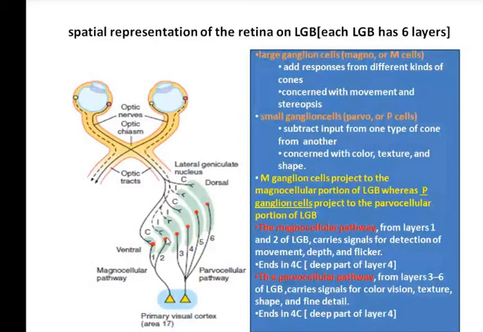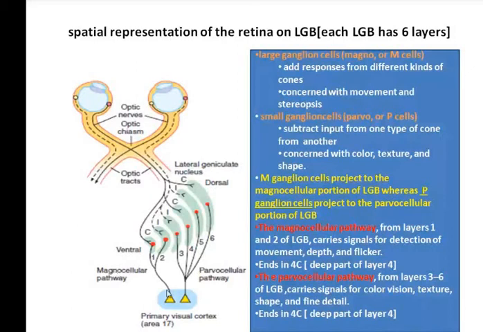If you look here, this is the magnocellular pathway, from layers 1 and 2. The cells are large, and from layers 1 and 2 they get combined and form the magnocellular pathway and project to the visual cortex.